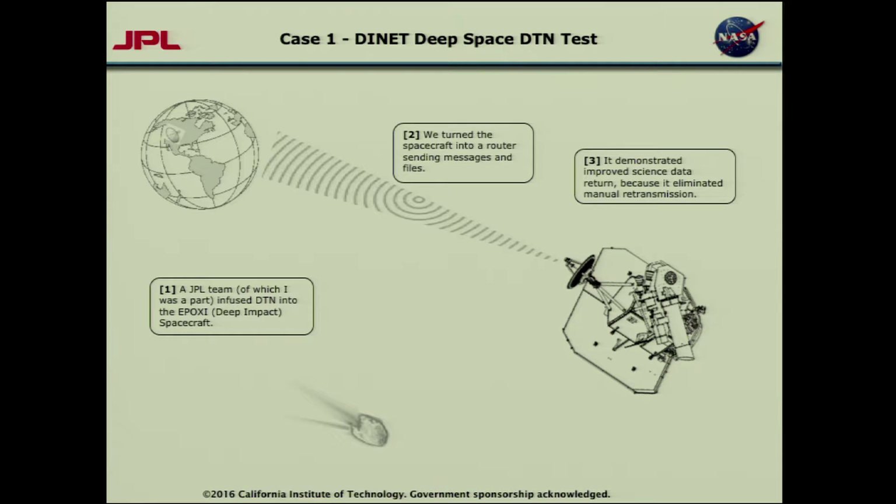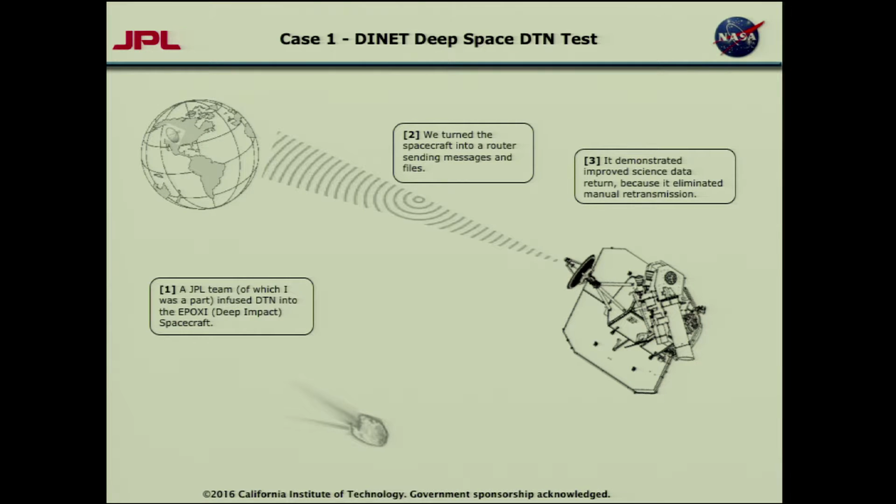The first one was the Dinette Experiments, where we basically turned the EPOXI spacecraft into a router. What was involved was we created a DTN library that was uploaded to the spacecraft, and that library provided the uplink and downlink capability to send messages back and forth.